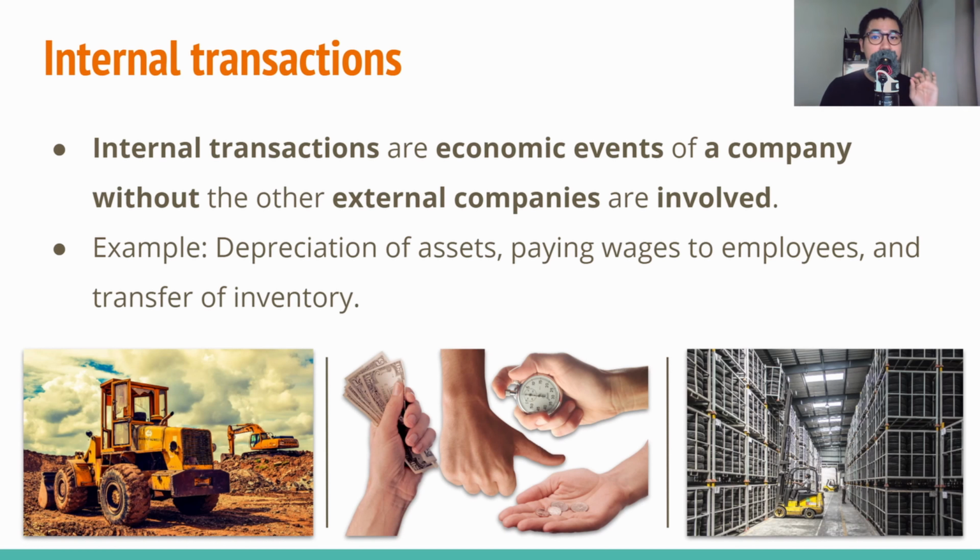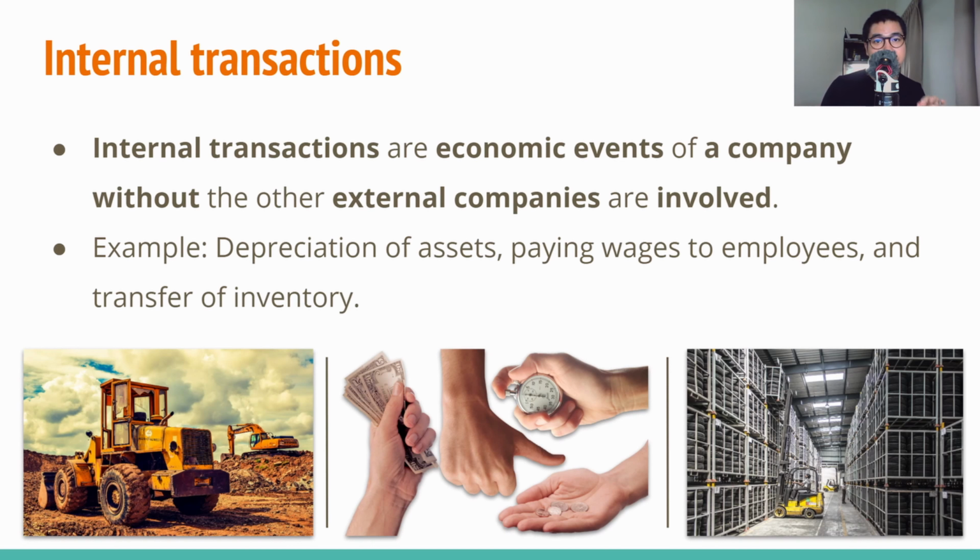By the way, you can call this technique depreciation of assets, and I will share it with you guys in another video. So, back to our example. This recording is considered an internal transaction, isn't it? And the question is why? Because the delivery car is used by the company's employees to generate revenues, and the employees are working for the company, right?